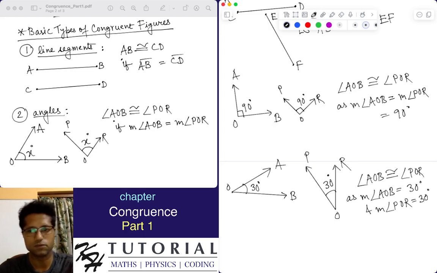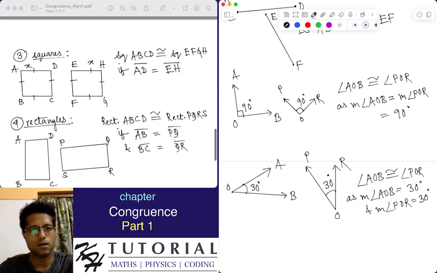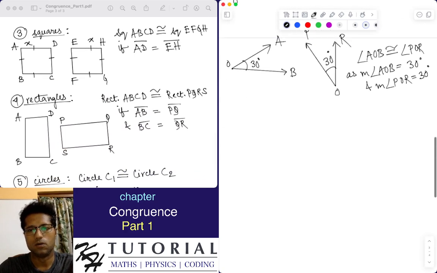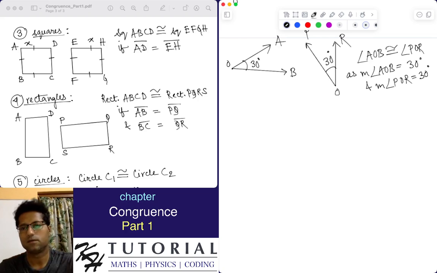Okay, so this was congruency between two angles. Squares. Now two squares are congruent if their sides are of equal length. You know, a square is a quadrilateral where all the four sides have the same length.